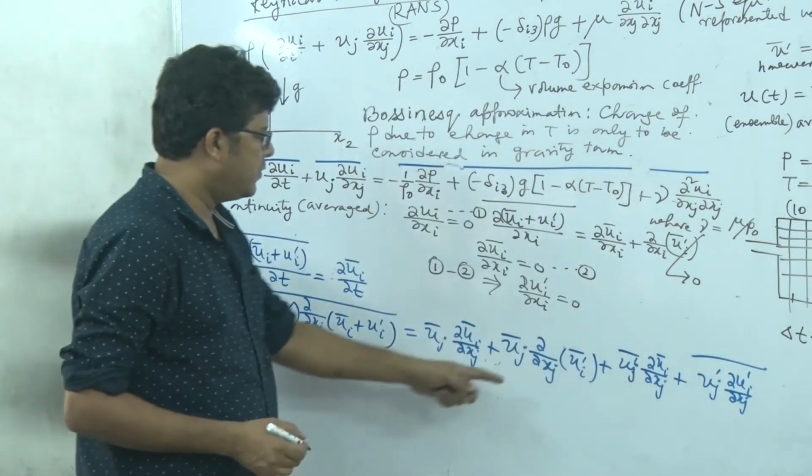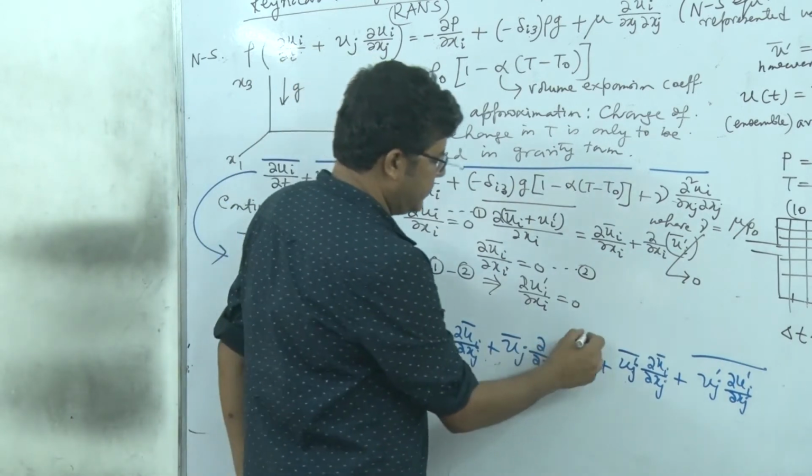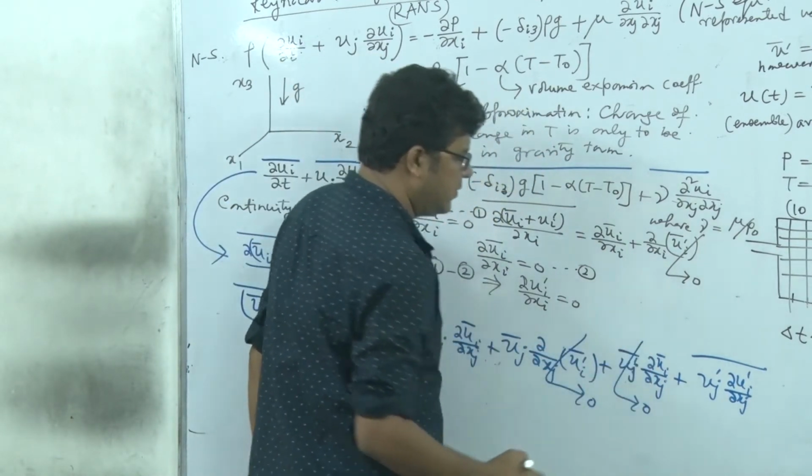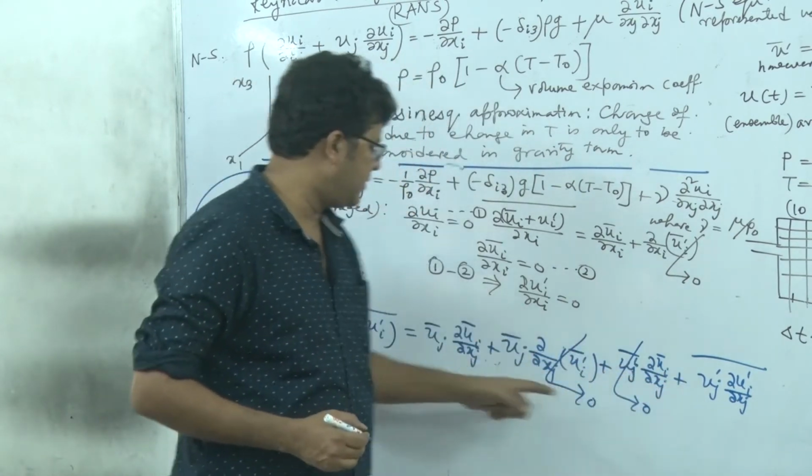Now you see this term, ui prime average, is 0, and this uj prime average is also 0. So the first term and the last term remain.